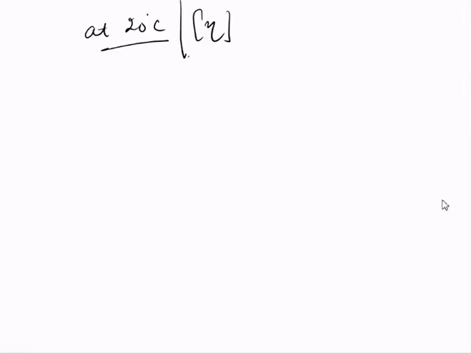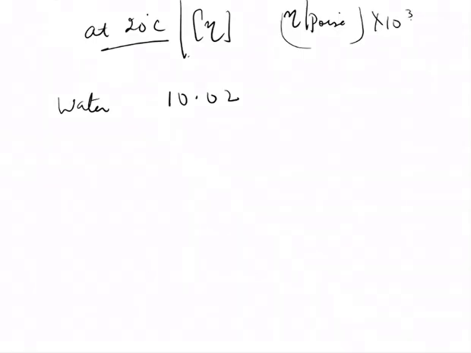For water it is around 10.02, in poise, into 10 raised to 3. So for water it is 10.0, but for glycerol it is around 8550.